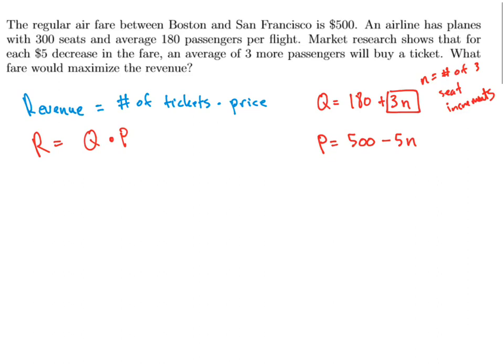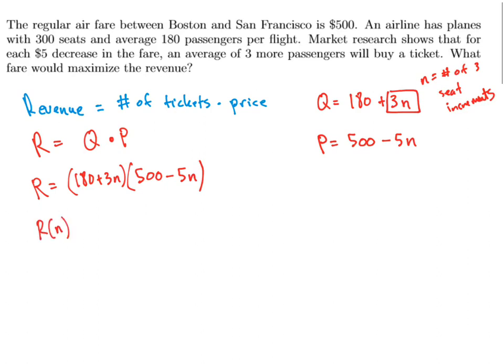Okay, so we have an equation for P and for Q, so we're just going to substitute these in. So 180 plus 3n times 500 minus 5n. Okay, so we have an equation just in terms of n. Let's simplify this equation and then we'll take the derivative.